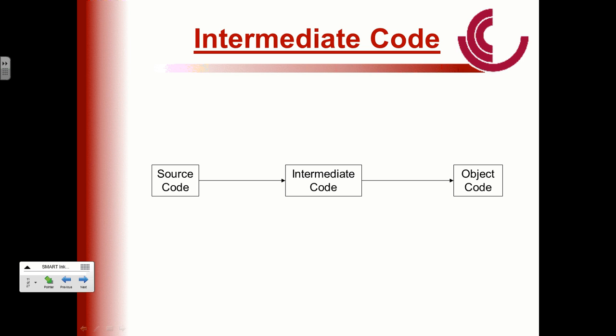And then we have intermediate code, which, I mean, Java was the original, I suppose, certainly the most successful form of intermediate code. Intermediate code is code which gets compiled and interpreted.